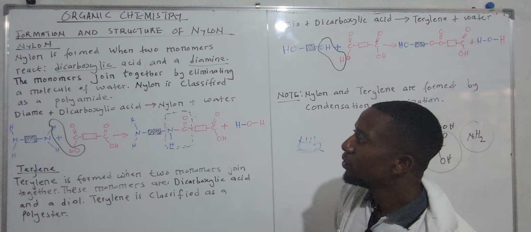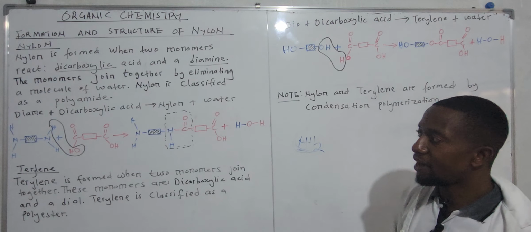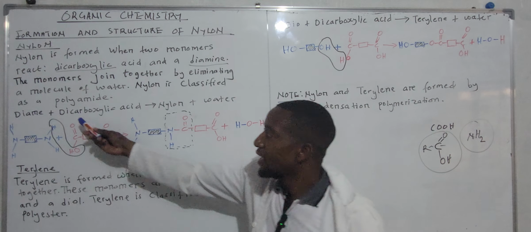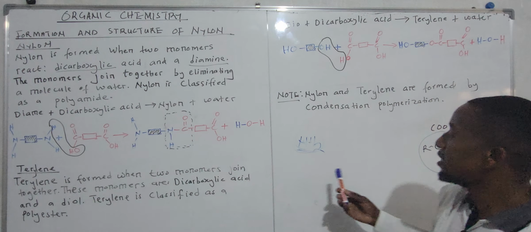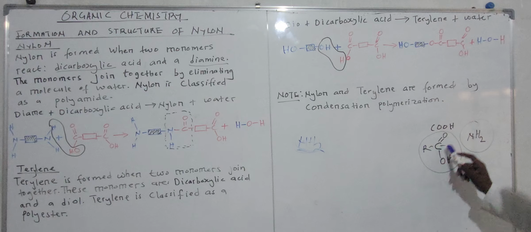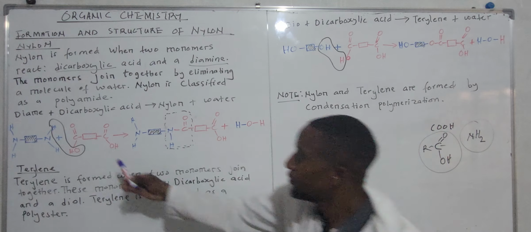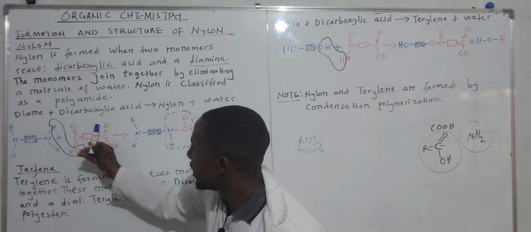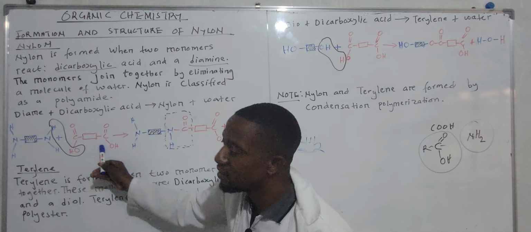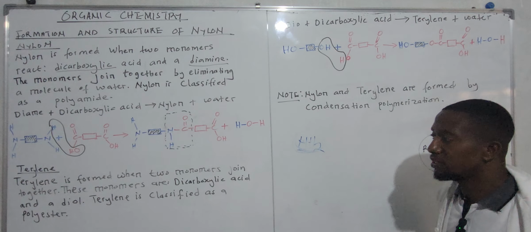So we have a diamine, plus a dicarboxylic acid, which is a carboxylic acid having two carboxyl functional groups. We have this carboxylic acid and another carboxylic acid here.